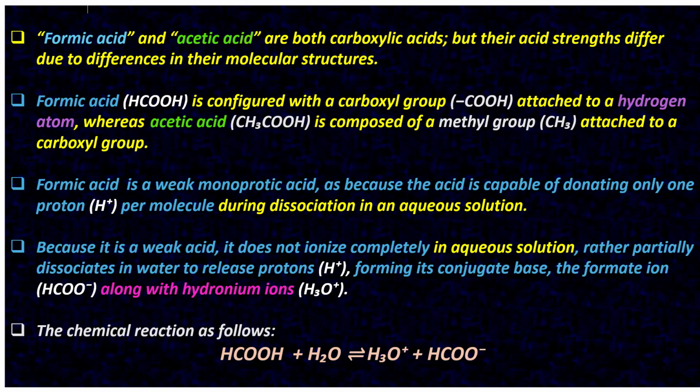Because it is a weak acid, it does not ionize completely in aqueous solution, rather partially dissociates in water to release protons H plus, forming its conjugate base, the formate ion HCOO negative, along with hydronium ions, that is H3O plus. The chemical reaction is as follows: HCOOH plus H2O equals H3O plus plus HCOO negative.